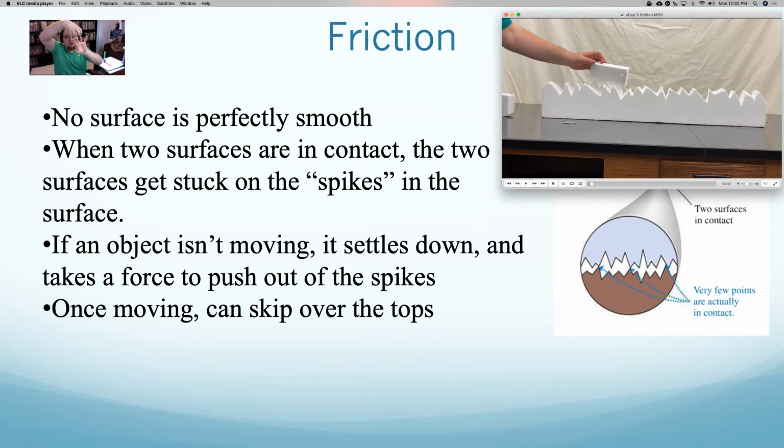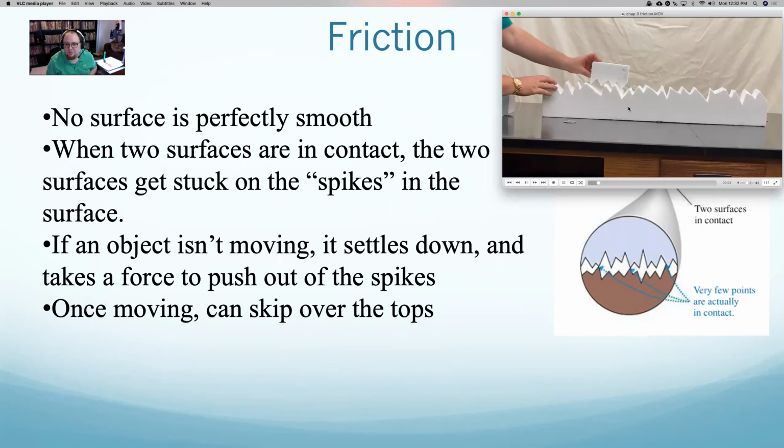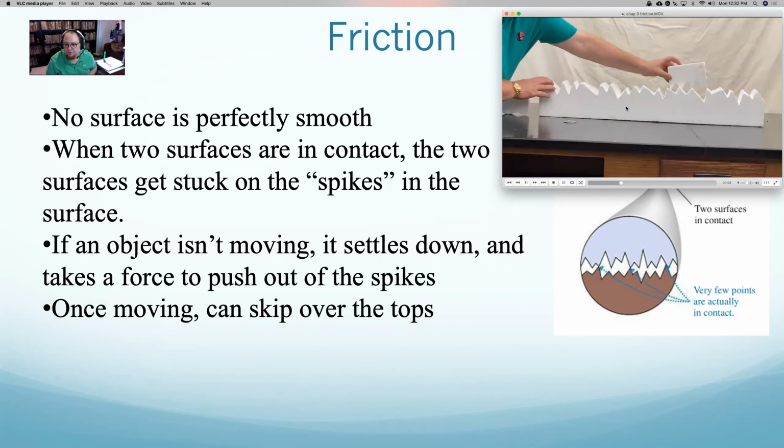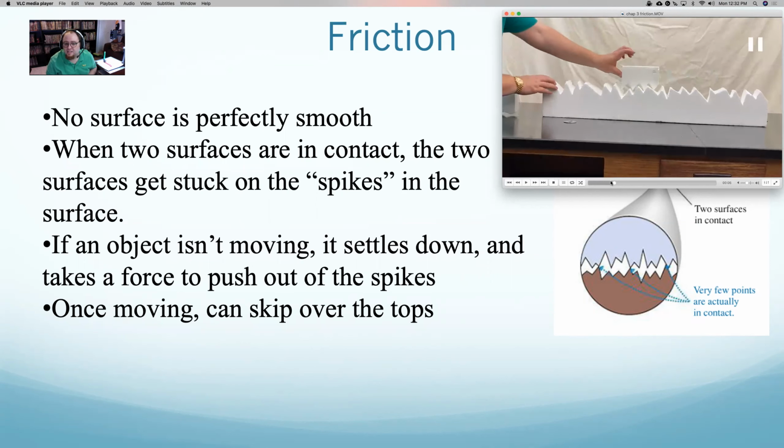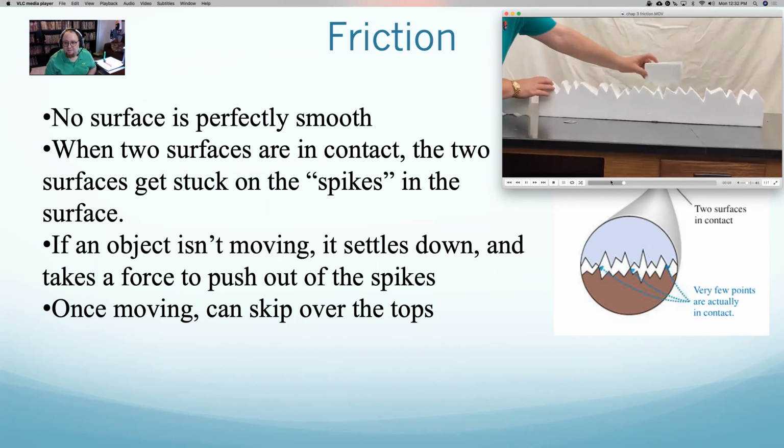If the two objects aren't moving, they'll settle into each other, like so. If you push or pull an object, it won't want to move, because the teeth line up. That's what friction is. Now, if something is moving, it'll skip over the top like that, but those teeth will give it resistance.